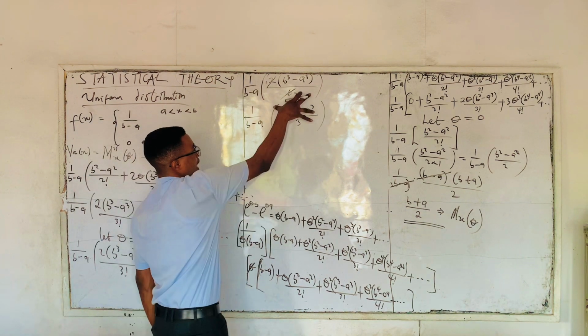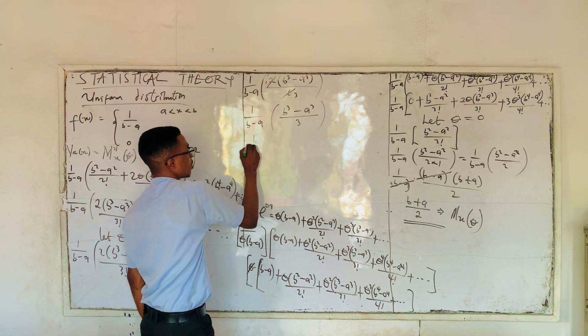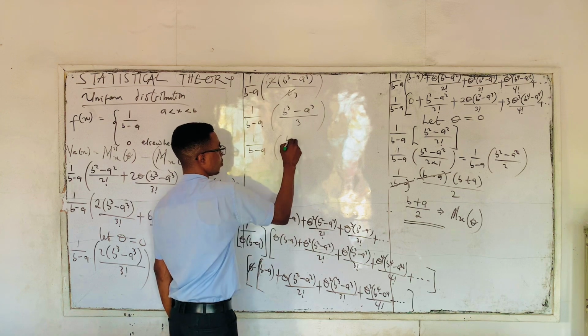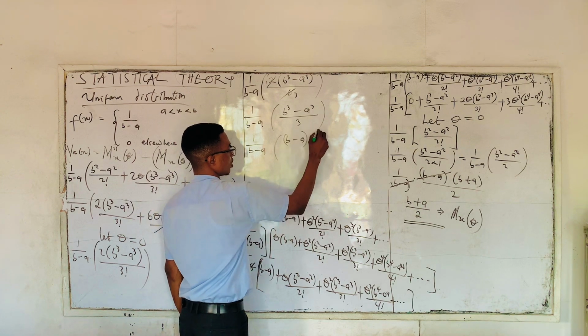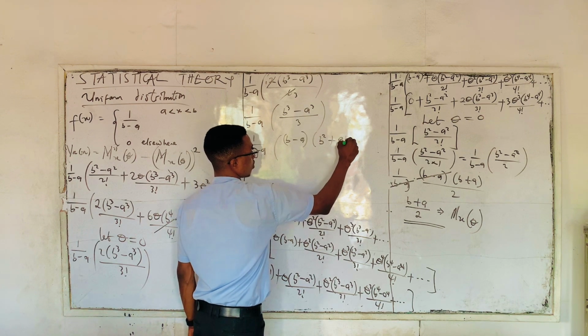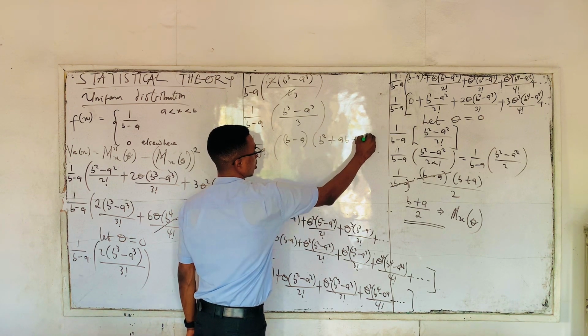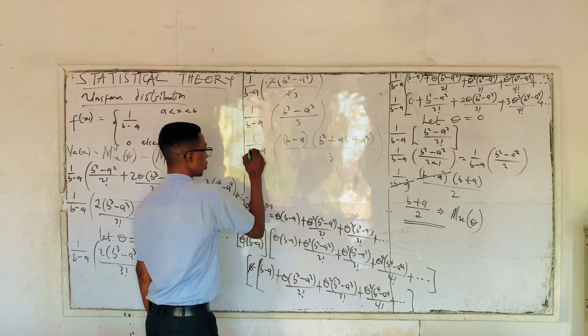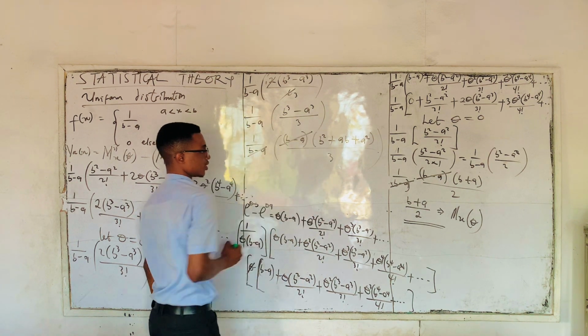Now, we can rewrite this expression as what? As 1 over b minus a into bracket of b minus a, b squared plus ab plus a squared all over 3. So this goes with this.